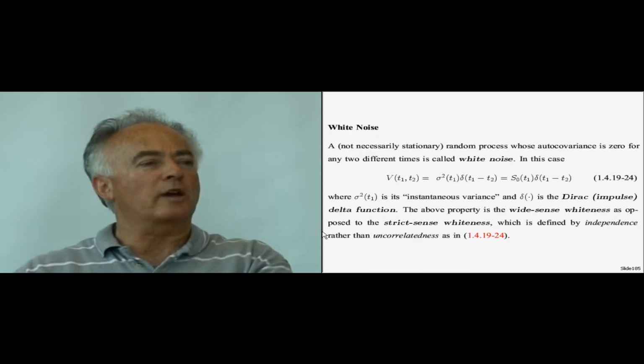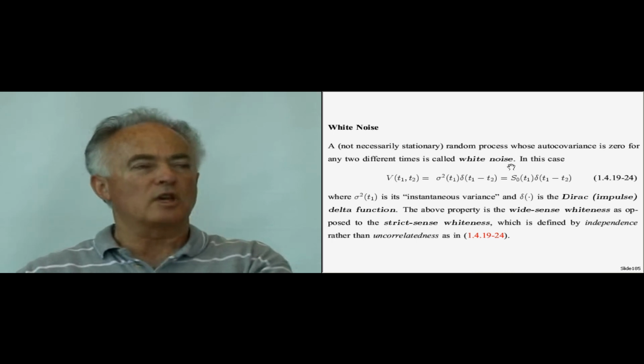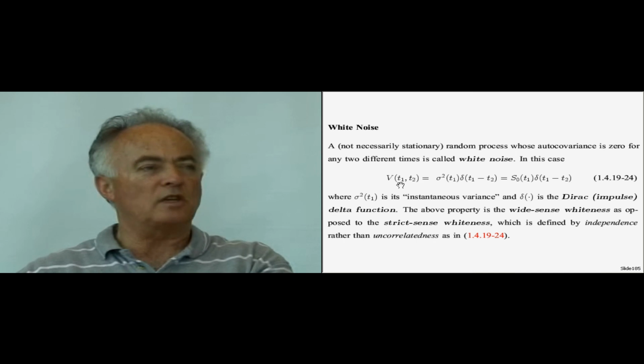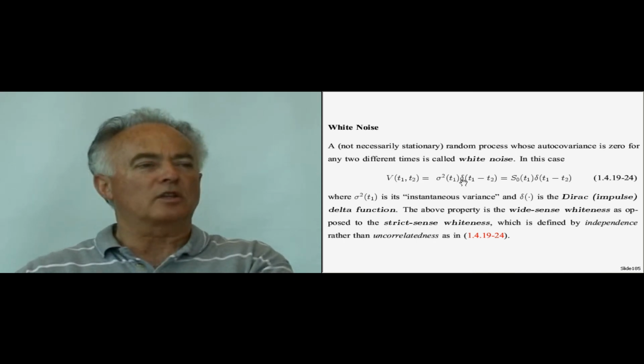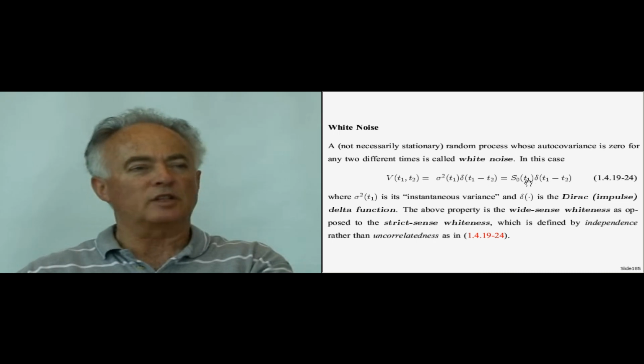Now let's go back to the white noise. You can have a random process, not necessarily stationary, whose autocovariance is 0 at any two different times, is called white noise. Here's the autocovariance. V at t1, t2 is some expression times delta, t1, t2 is S0 t1 times delta t1 minus t2.